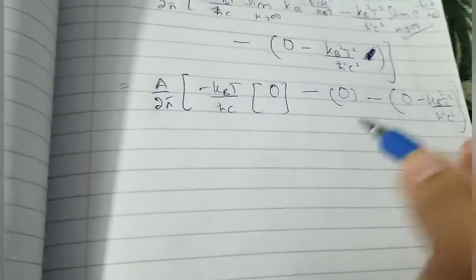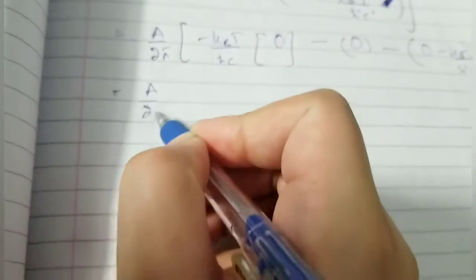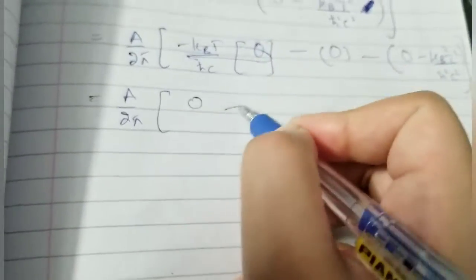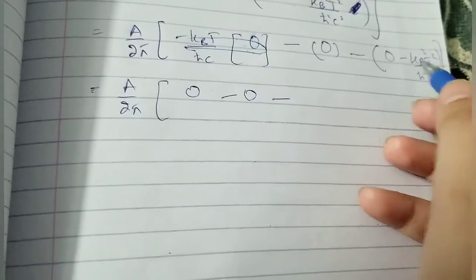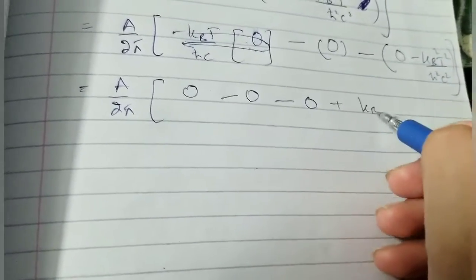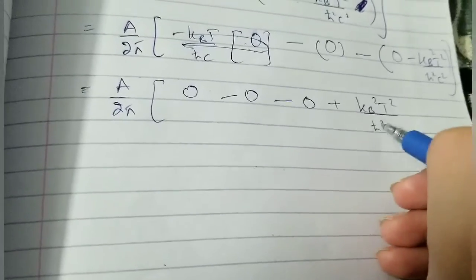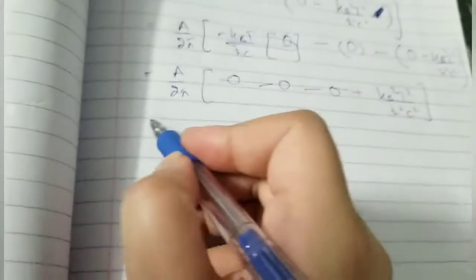Rest of all the values are 0, but this one is non-zero. Minus gets multiplied with the inner quantities, and minus is plus, kb square t square by h square c square, and these things just vanish.